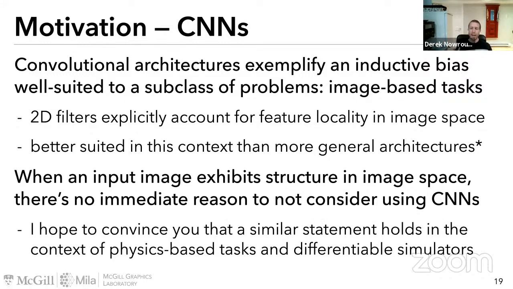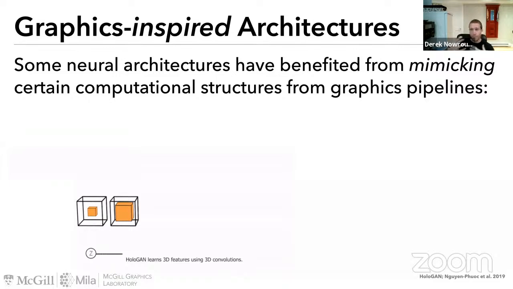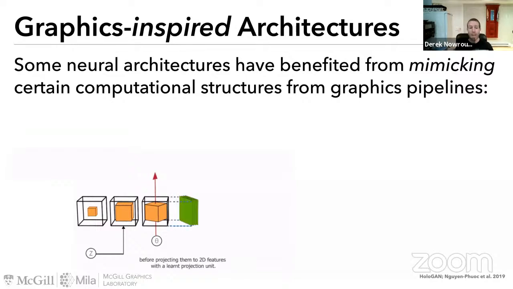And I hope to convince you that a similar statement will hold in the case of physics-based problems and differentiable simulators. So I want to give one of my favorite examples of what I'm calling a graphics-inspired neural architecture. The one I want to talk about is HoloGAN. This is a fantastic architecture where they're trying to synthesize images of, say, real objects or faces that you could then rotate.